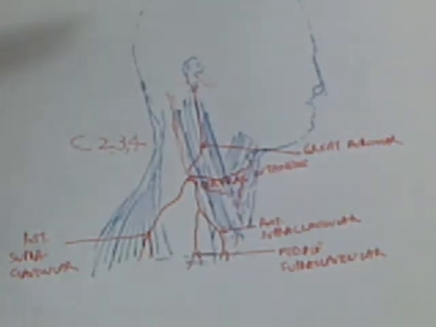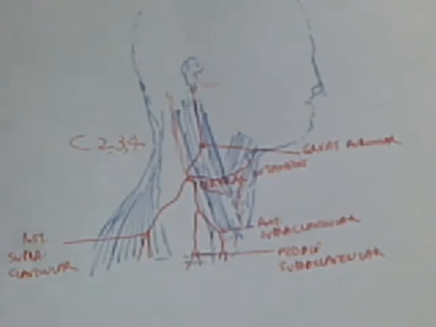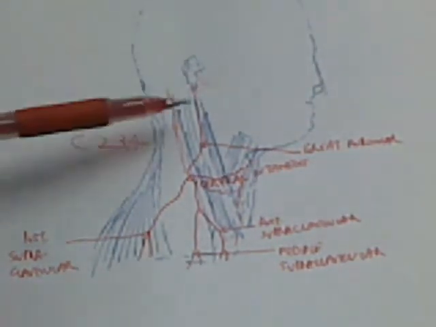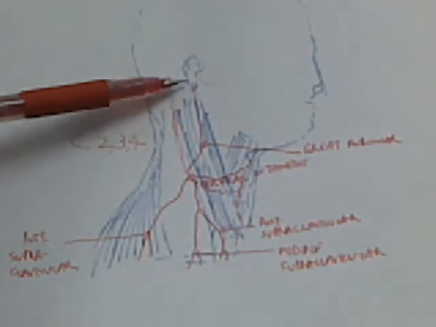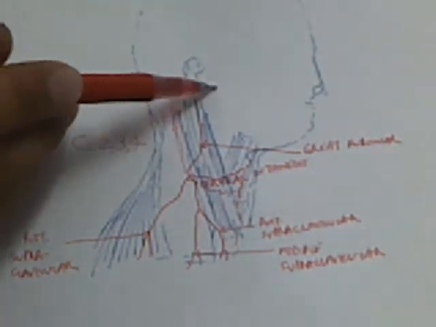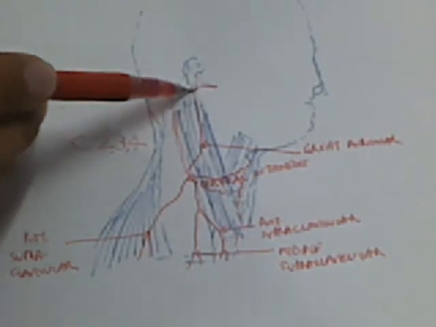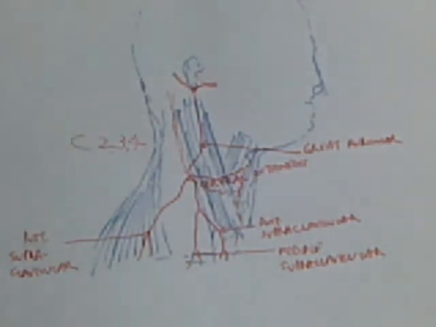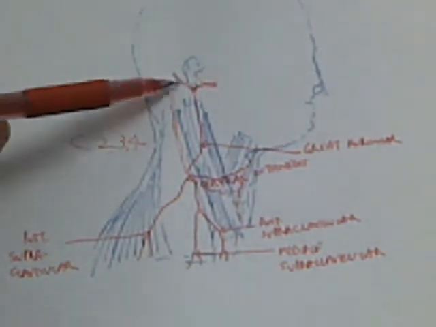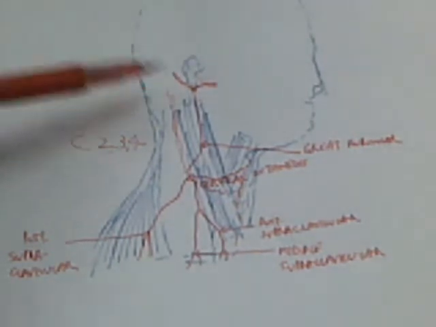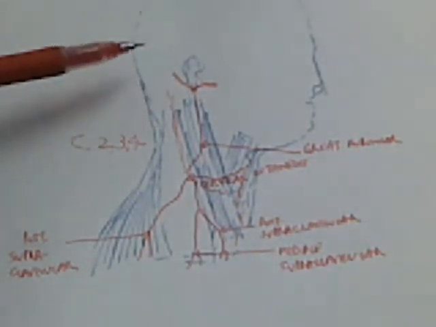When we talk about the posterior branch, this is also called the ramus posterior. Like the earlier one was called the ramus anterior, this is called ramus posterior, also called the mastoid branch. So here is the ramus anterior, or the facial branch, and the ramus posterior, the mastoid branch. It supplies the skin over the mastoid process and the back of the auricle as well.